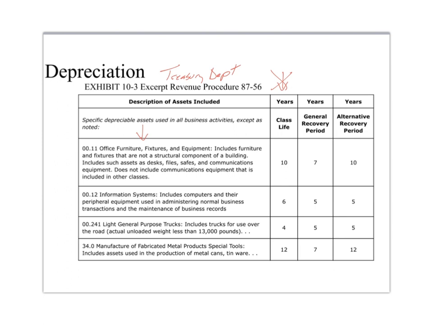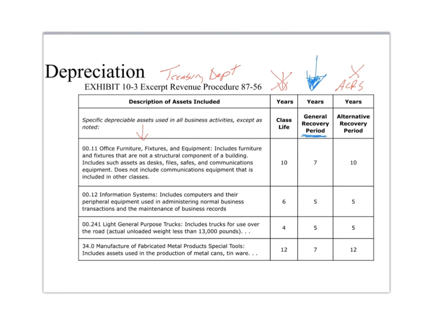This alternate recovery period, you may have heard of ACRS. That's the predecessor to MACRS. If you have assets that have been in your possession for a number of years, you may have holdover from ACRS. We are not concerned about that column for our purposes either. What we are concerned about is this column right here, okay? This general recovery period. This is what we want, all right?